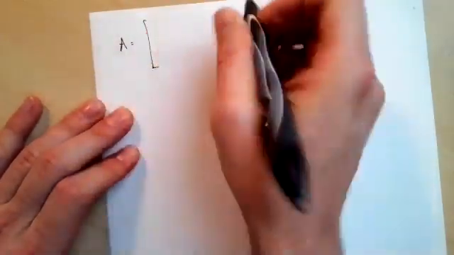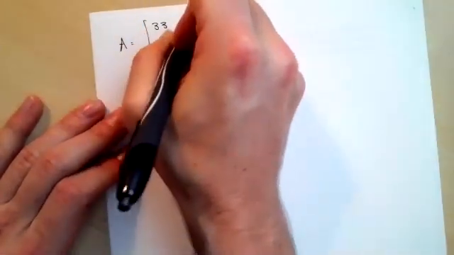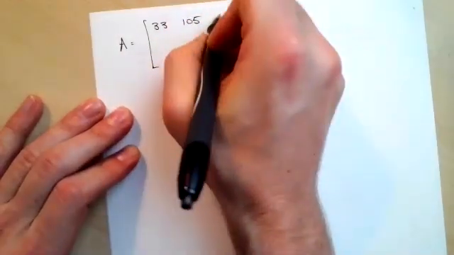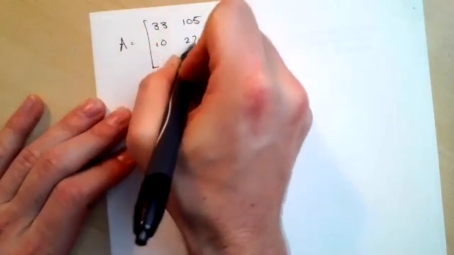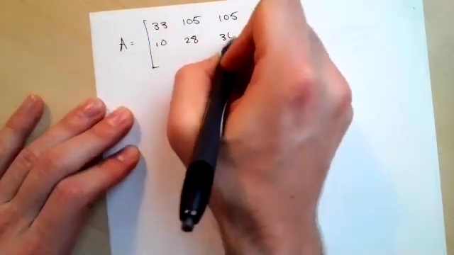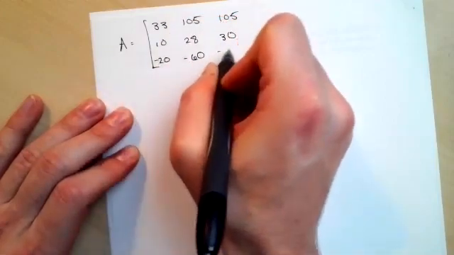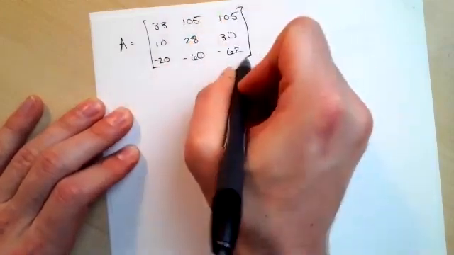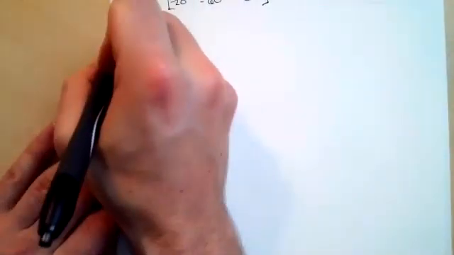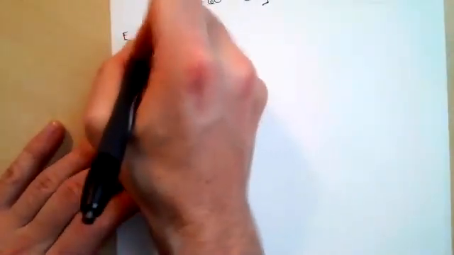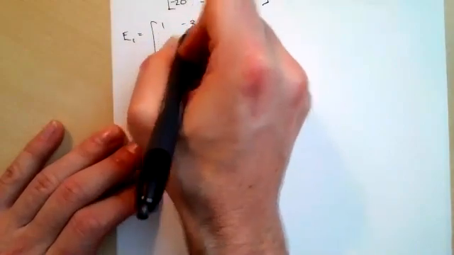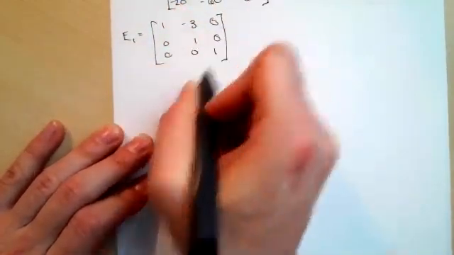We have our A. And then let's go ahead and write out our matrices, our E1, 1 minus 3, 0, 0, 1, 0, 1.